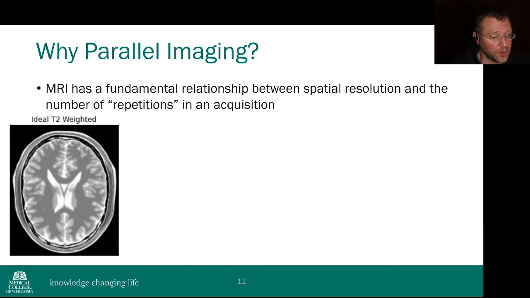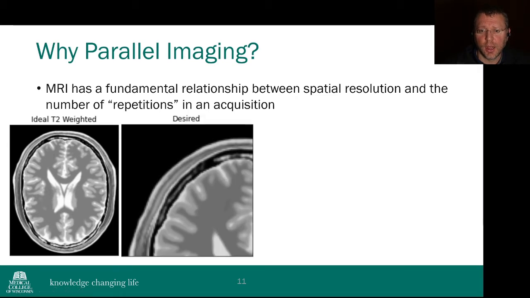So if you have a whole brain, but for one reason or another, you're really only interested in anatomy that's up here in that back half of the brain. If you're looking at that, then why not just zoom in your acquisition to hit only that area?